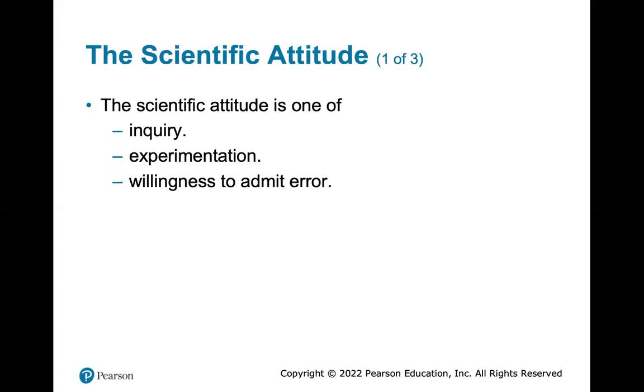So observation is part of it. Inquiry, well, which way is the shadow going to lengthen? And then experimentation, going out there, not every day. Some days are cloudy, some days I'm away, but the experimentation is taking measurements, and then willingness to admit an error. Well, if I find that I'm doing something wrong, be willing to admit it and correct it. Okay.